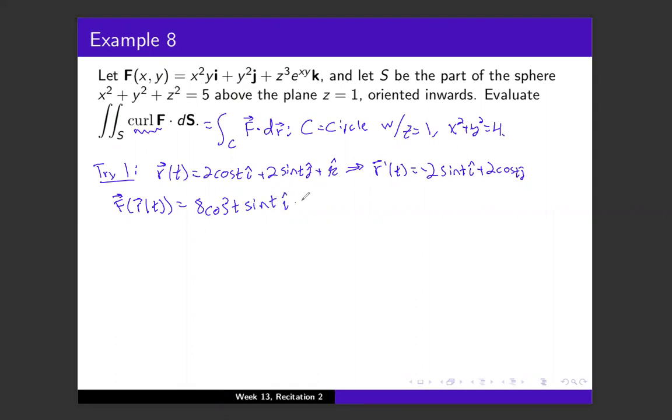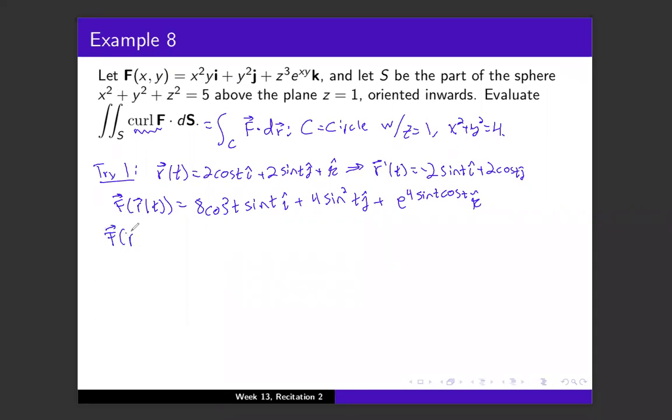sine t i plus 4 sine squared t j plus e to the 4 sine t cosine t k. Why did I not include a z term? Because the z term is 1.